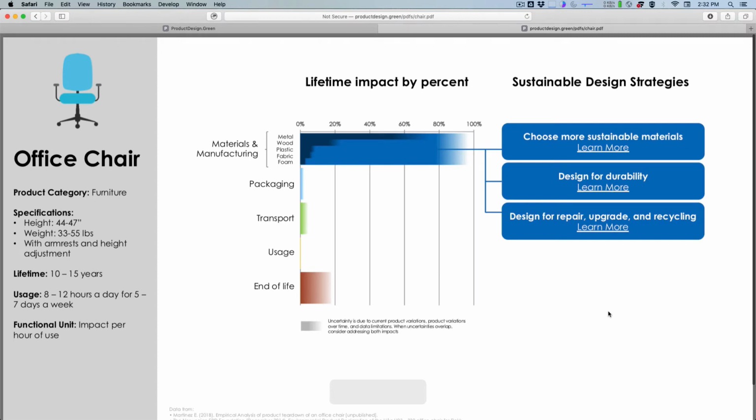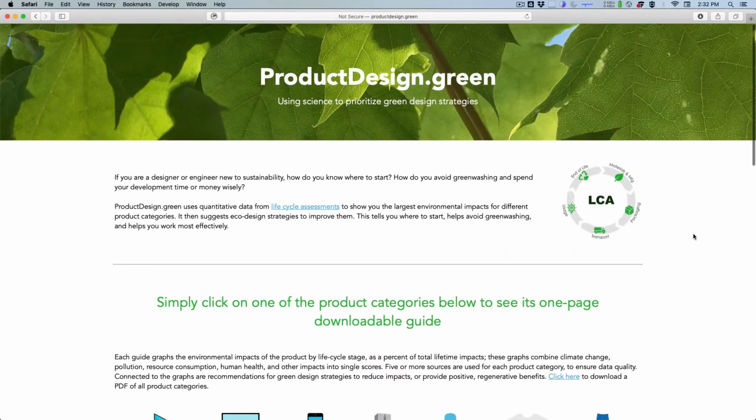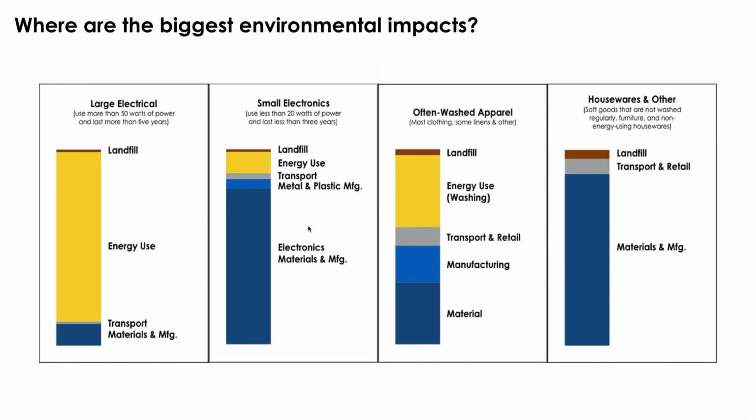And so you can just say, if we were doing small electronics like a Fitbit or a cell phone, then the materials in your electronics would be your top priority, not the materials in the metal or plastic case or the energy use or other things.